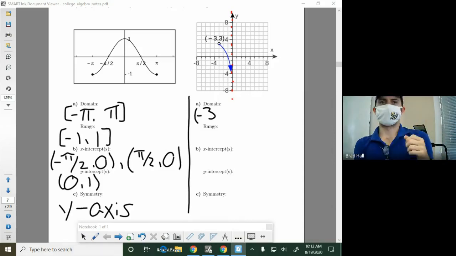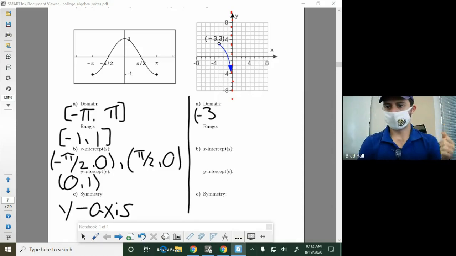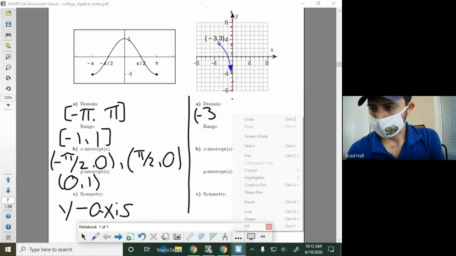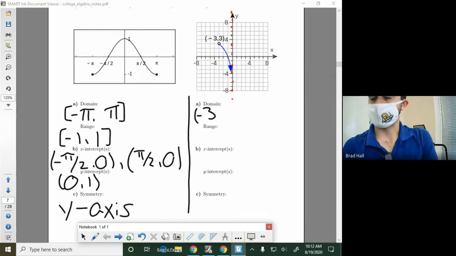So with that being said, we're not going to the right forever. So remember, with domain, it's left and right. We're not going to the right forever. Instead, we are going to stop at where the barrier restricts us at. And that seems to be at x equals 0.